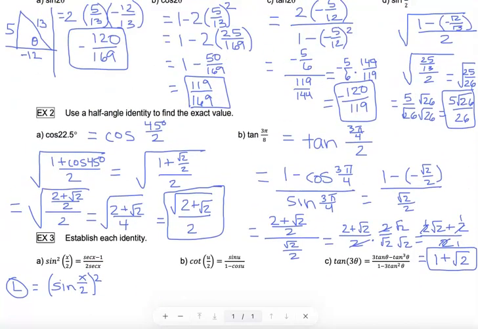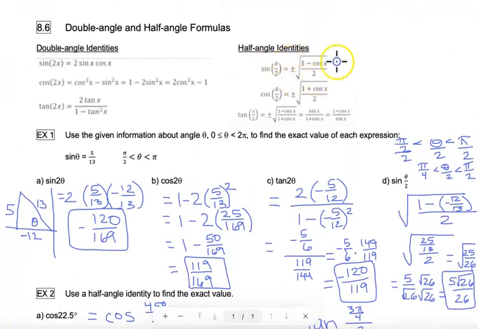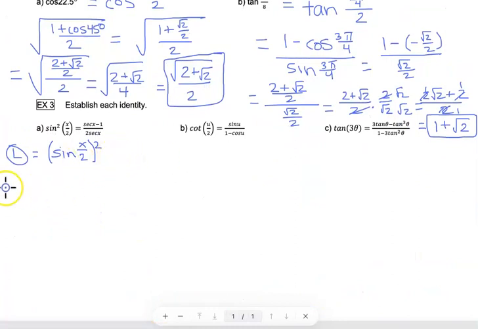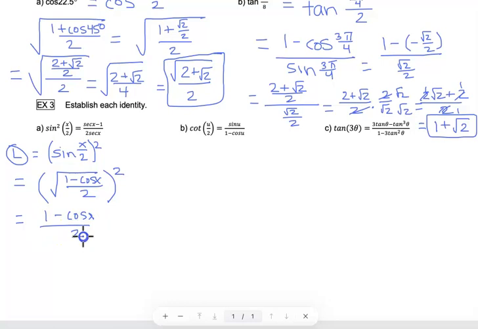So I go up to my half angle, and here is the formula that I'm going to substitute in. It doesn't matter whether I put in the plus or minus because I'm going to be squaring the square root anyway, which is going to obviously get rid of that. So square root of 1 minus cosine x over 2, and then squaring that, which then of course gives me 1 minus cosine x over 2.